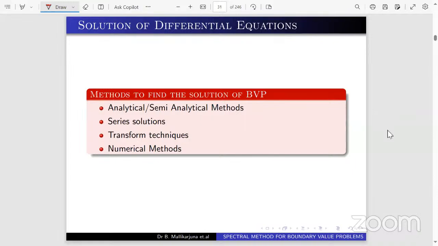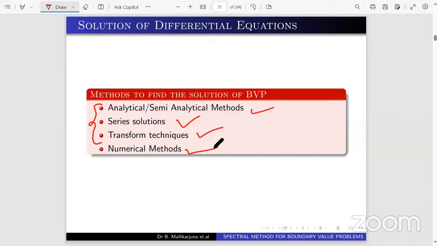What kind of domain is mentioned, accordingly we apply the transform techniques. For those also, there are some restrictions. See these analytical, series, and transform techniques: each technique has its own advantages and some restrictions to implement. If the differential equation is not possible to solve using these three, finally we approach numerical methods.